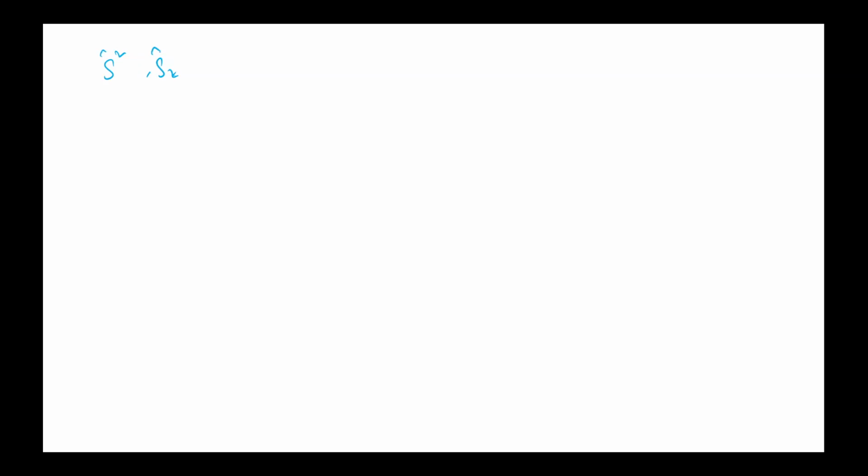I am not writing the cap here, but please make sure that they are operators. So s square, when it operates on |s, ms>, gives you s times s plus 1, h cut square, and it gives you back the same wave function. So |s, ms> is basically the eigenfunction of the s square operator.